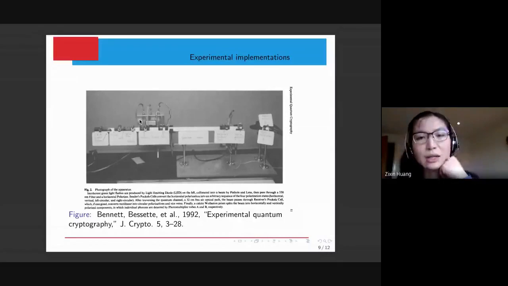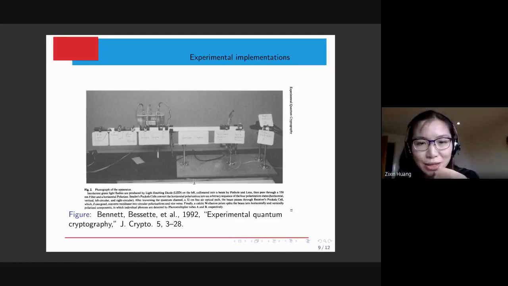And currently, it's a very active area of research. But the physics is all known. The two Bs invented the protocol in 1984, and the first experiment was conducted in 1992 using something that looks like this.